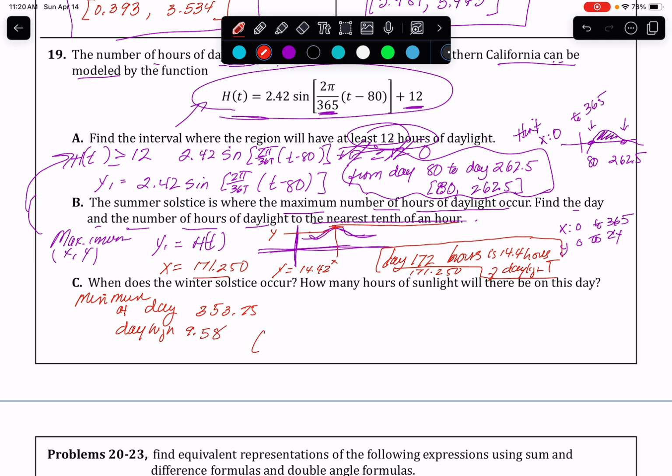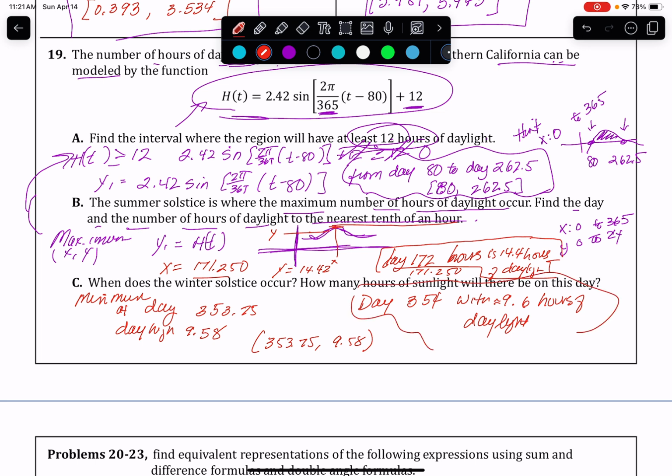So your xy would be 353.75 and 9.58. But let's answer it where we say day 354 with 9.6, approximately 9.6 hours of daylight. All right. So there was numbers 15 through 19.